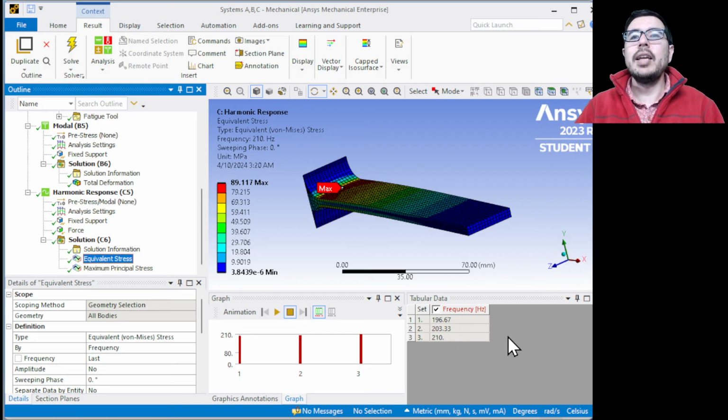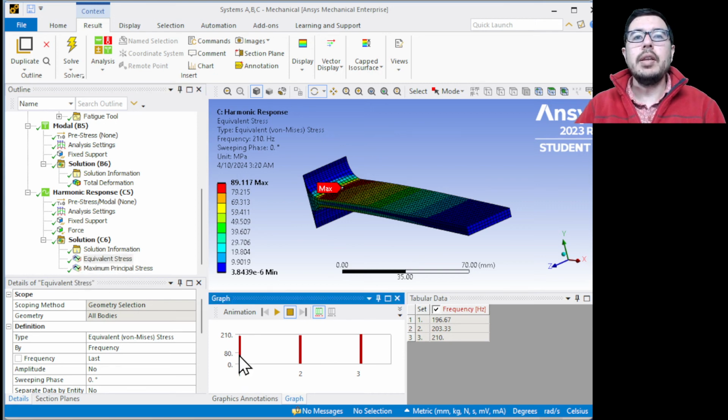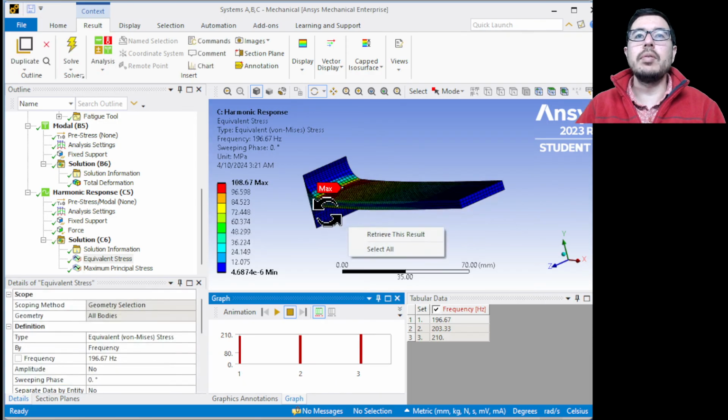All right, and if I want a particular frequency, I put that frequency as the last one, and that's the one that Ansys seems to be giving me. Nonetheless, if I click here and retrieve this result, I think it's already retrieved. Well, there you go.